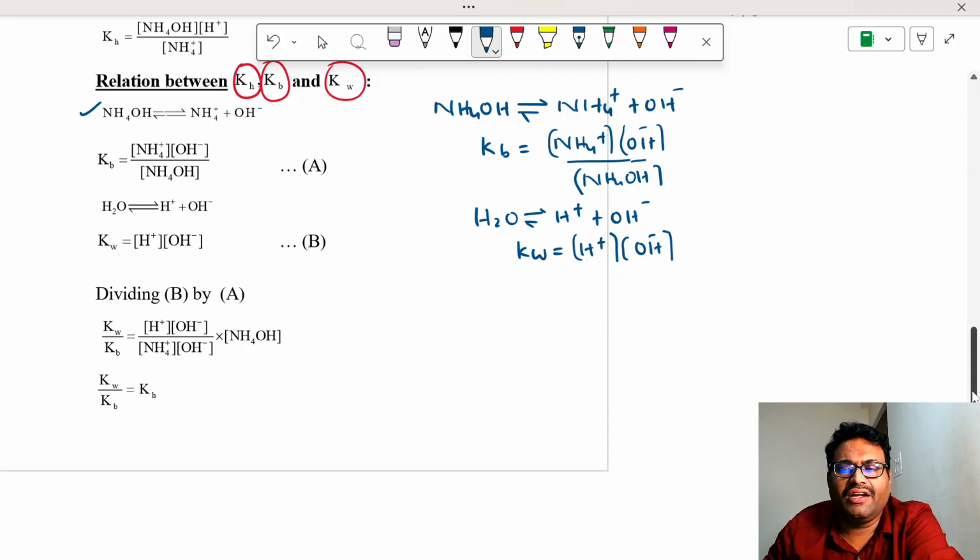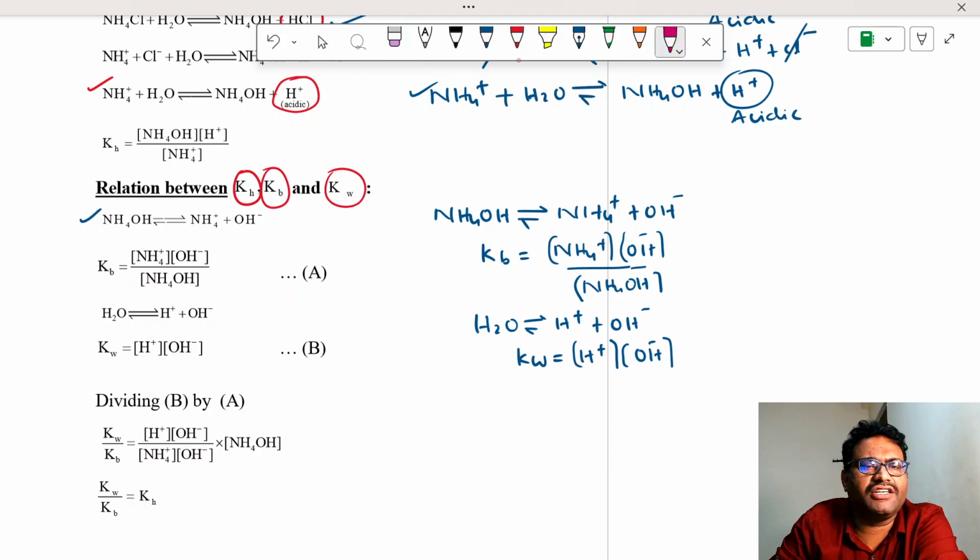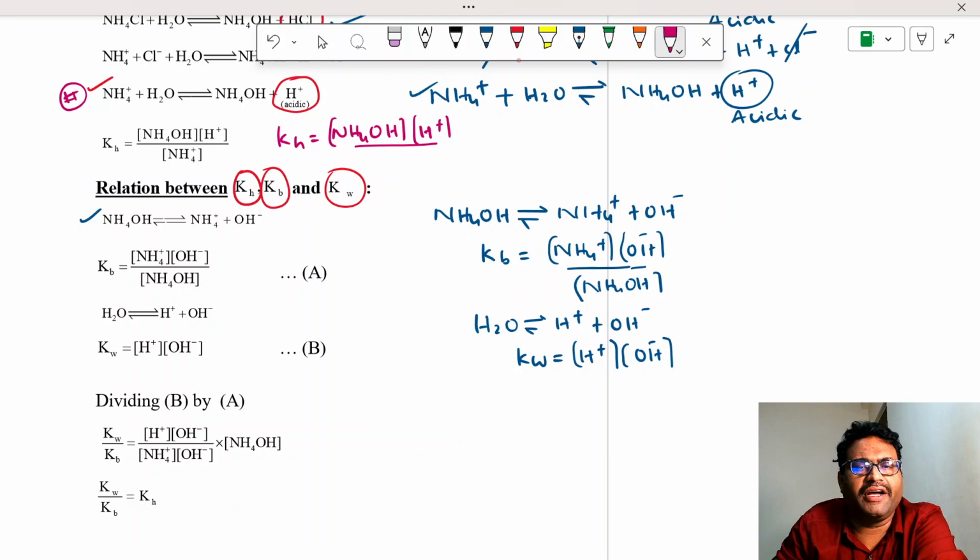And let us speak about KH for this reaction. For this reaction, what will be KH? NH4 plus reacting with water gives you NH4OH and H plus. KH is NH4OH into H plus ion concentration by NH4 plus ion concentration.